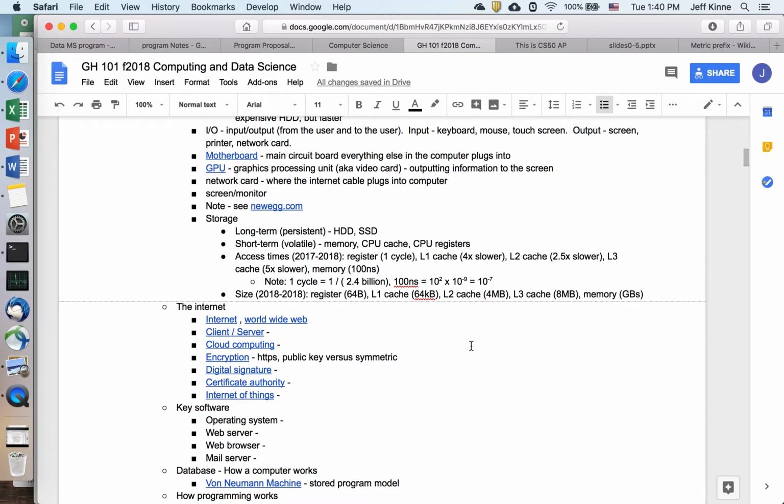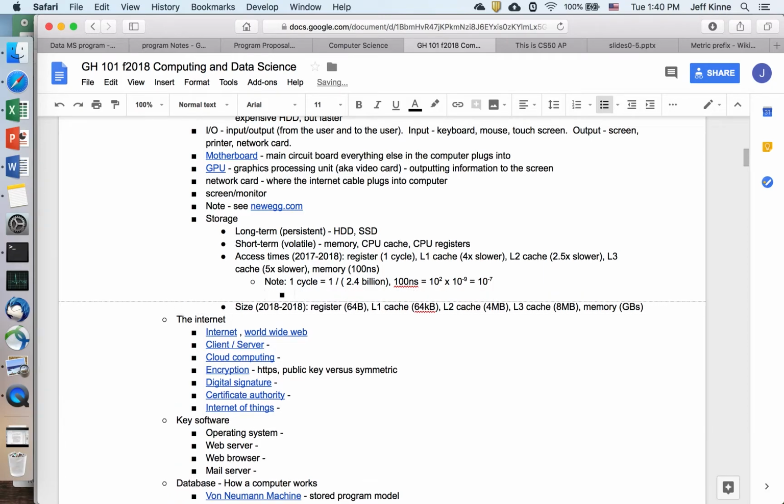So how many cycles is this, when a cycle is 1 over 2.4 billion of a second? I want to know some number, say h, such that h times 1 over 2.4 billion, which is the time for one cycle, equals 10 to the minus seventh.